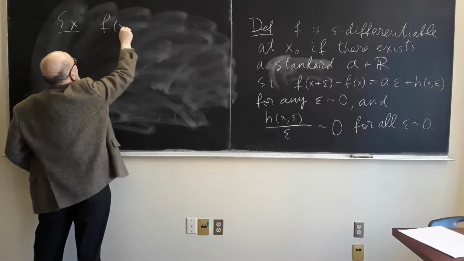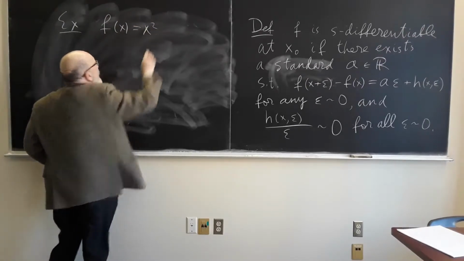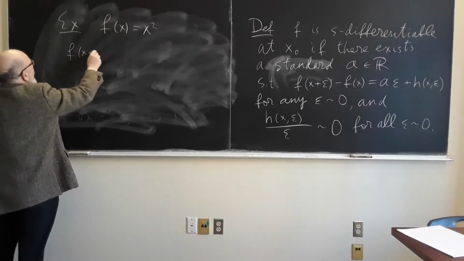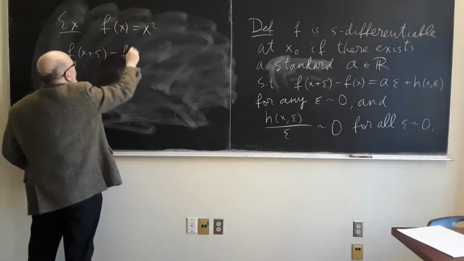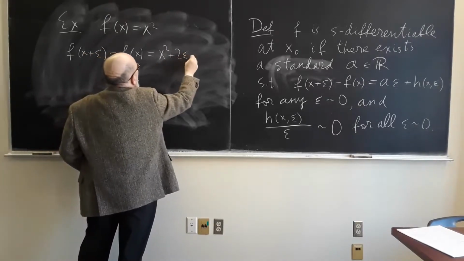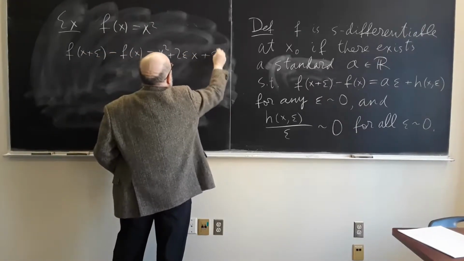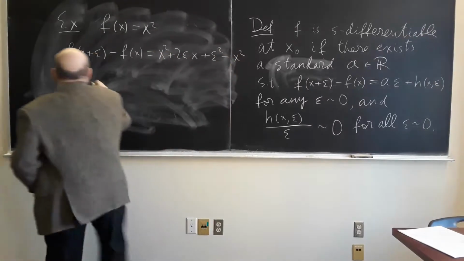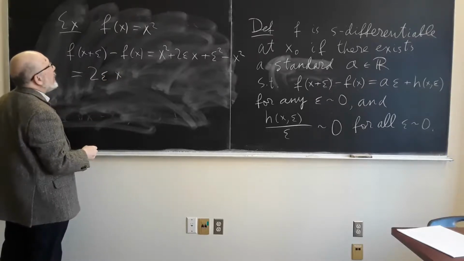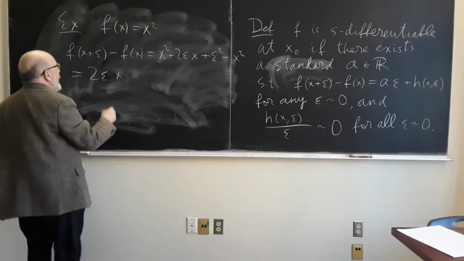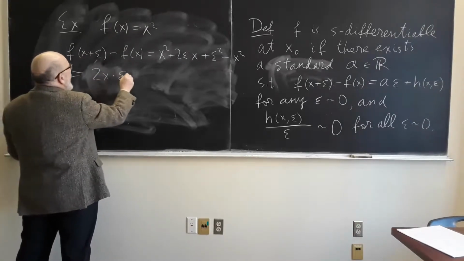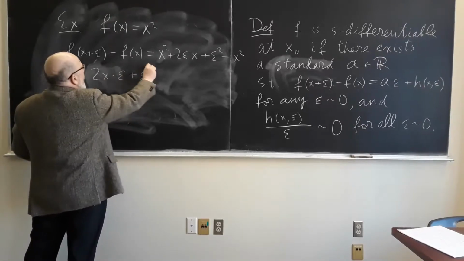consider f(x) equals x squared, and then we write f(x plus epsilon) minus f(x) equals x squared plus 2 epsilon x plus epsilon squared minus x squared, equals 2x times epsilon plus epsilon squared.